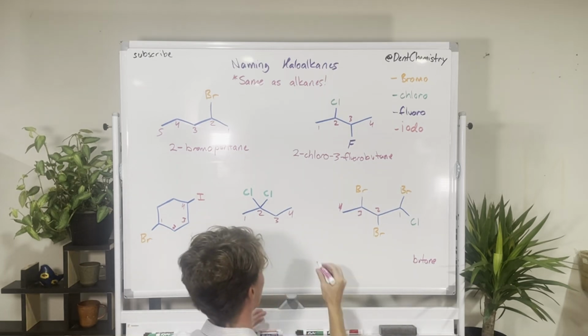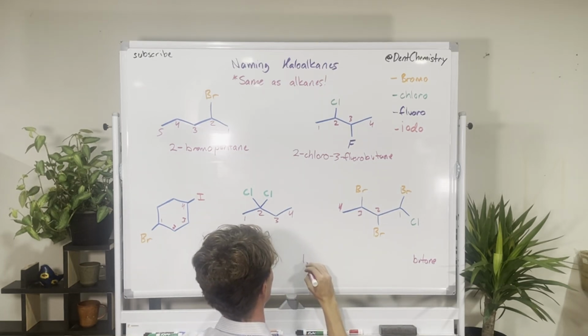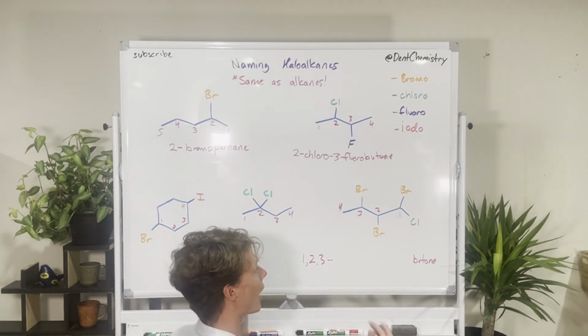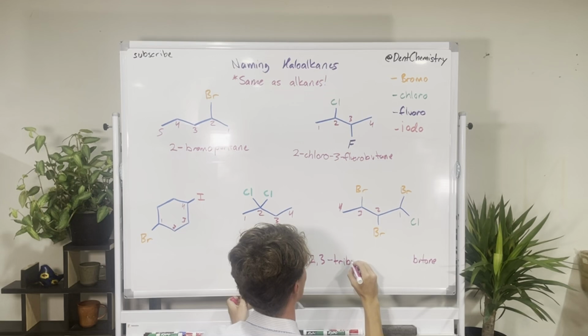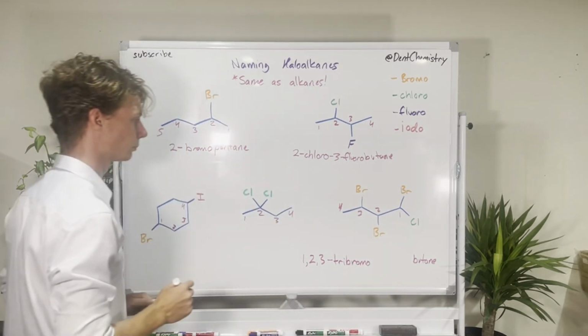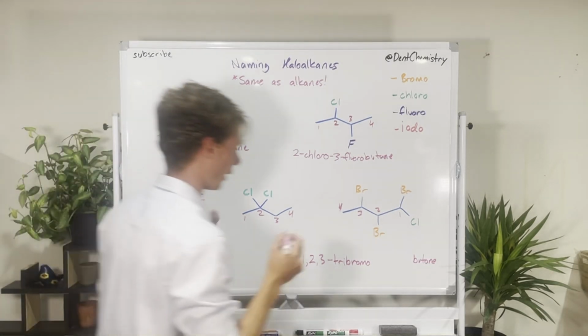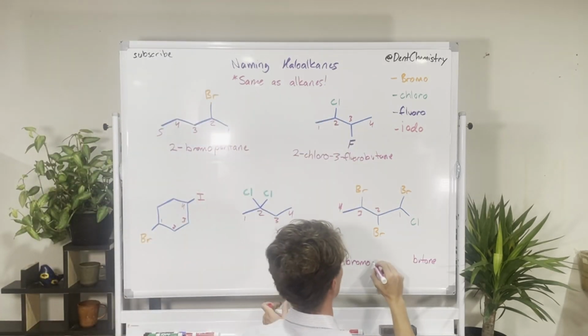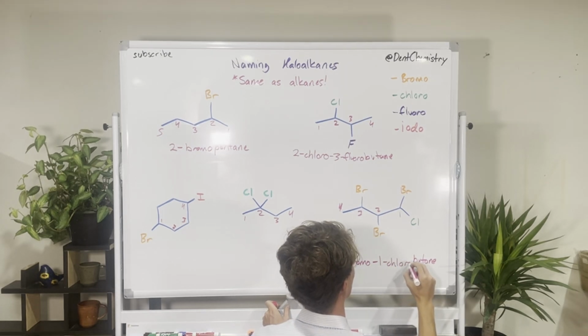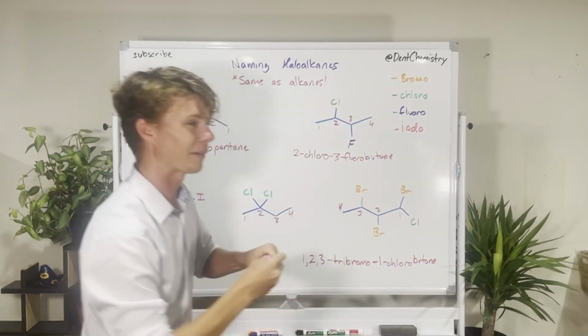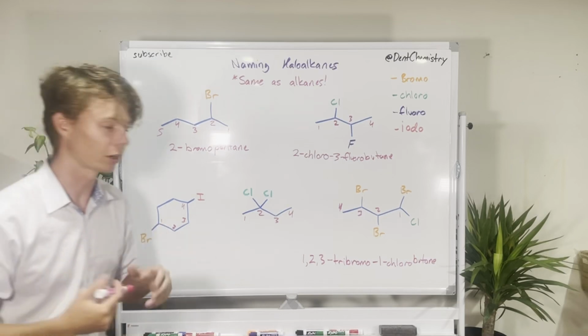So what I'm going to do is I'm going to say 1, 2, 3, tribromo, and I can move on to my chloro, and I can say 1-chlorobutane.